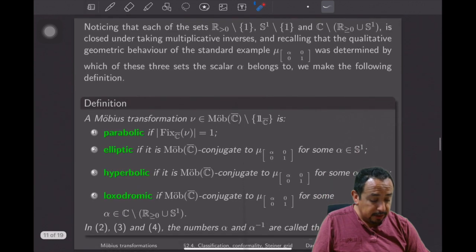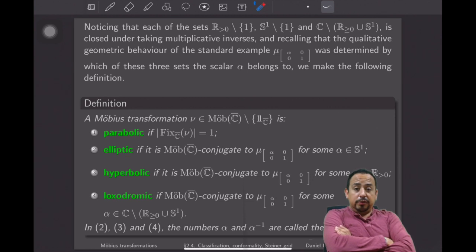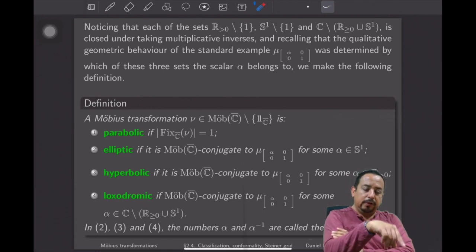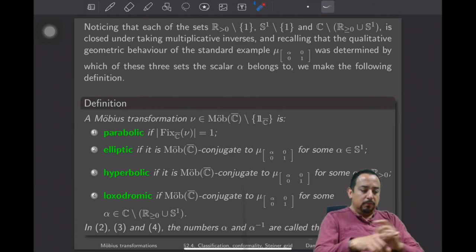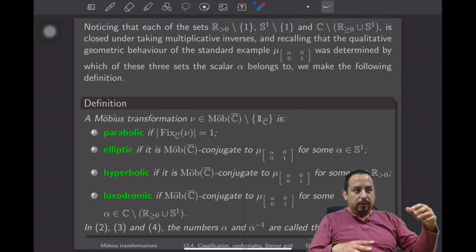Now, remember that when we studied the functions given by multiplication by some non-zero complex number, different from 1, we distinguished 3 cases. Namely, when the complex number lies on the unit circle, when it was a positive real number, and when it was in the rest, right?